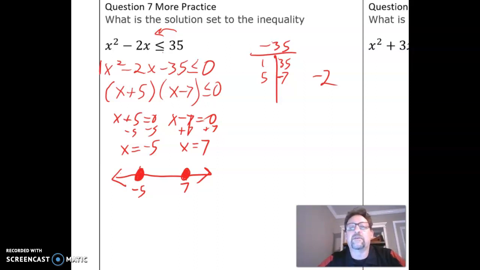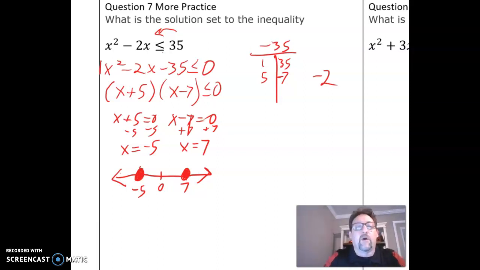Any guesses? Okay, but still just a guess. So we're going to test 0. 0 is in between these. If I put this back in the equation and 0 makes it true, we're going to shade inside, and it's going to be an and. If 0 makes it false, we're going to shade outside, and it's going to be an or.